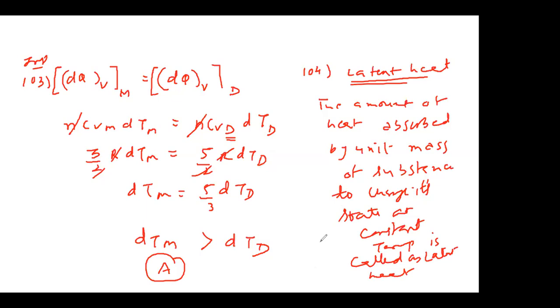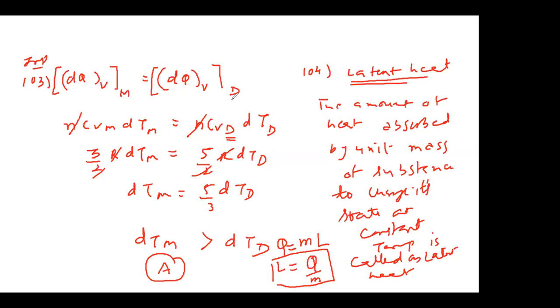That means if L is the latent heat and m is the mass, then total heat required will be mL. So latent heat is heat per unit mass. Its SI unit will be joule per kg. फिर बोला latent heat of vaporization ज्यादा है relations.